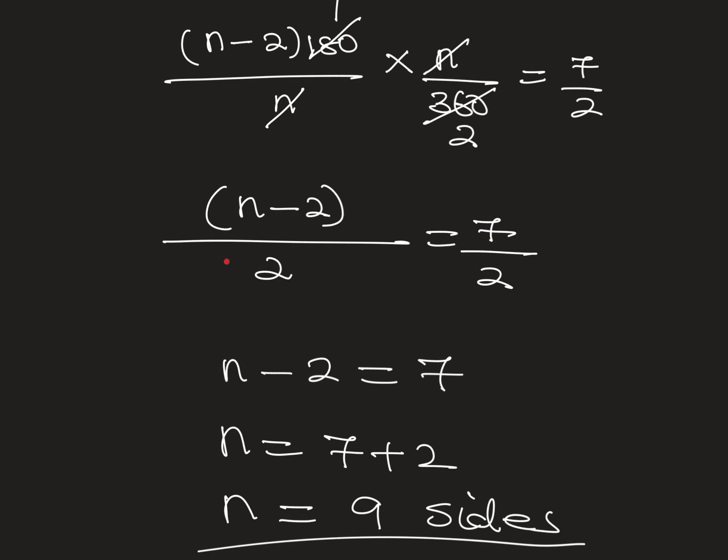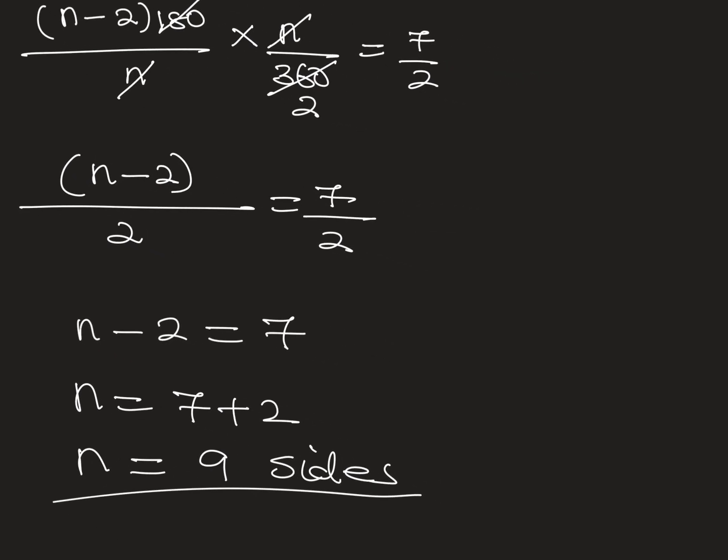I hope you are not confused with these steps here. Because the denominators are equal, I can just go on to equate the numerators. But if you want to use your regular method, you can cross multiply. If you cross multiply, you'll have 2 into (n minus 2) is equal to 7 times 2.